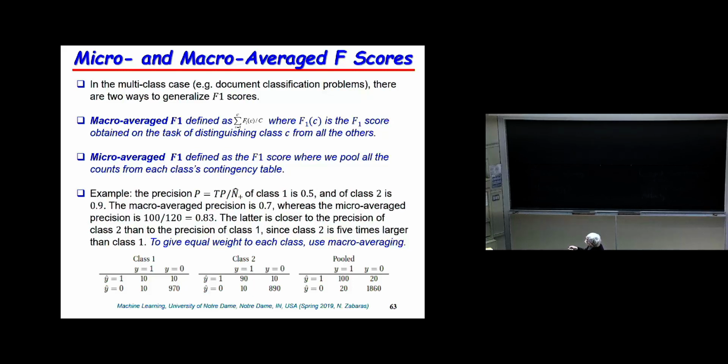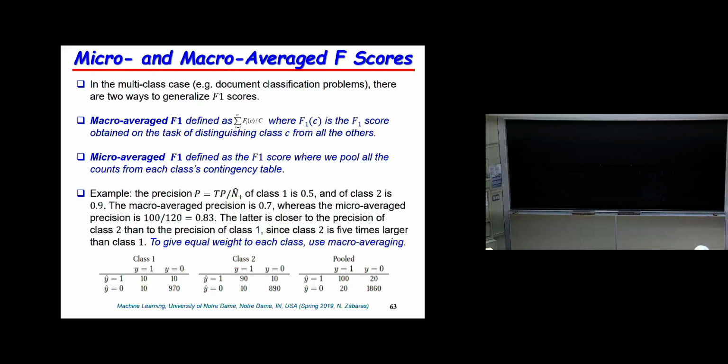So if you look at these things on the bottom, let me read it here and you tell me where this comes from. It says the precision of class 1 is 0.5. Where do I get that? Look at the numbers and tell me, in class 1, why is the precision 0.5? The definition of the precision is the true positives divided by the numbers that your classifier declared positive.